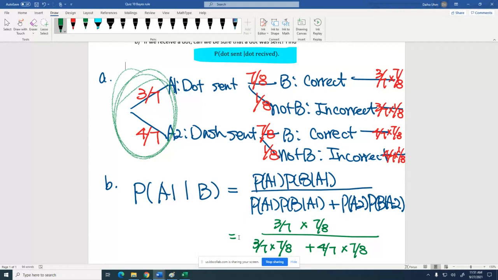Where did you get this? Already you got this one.